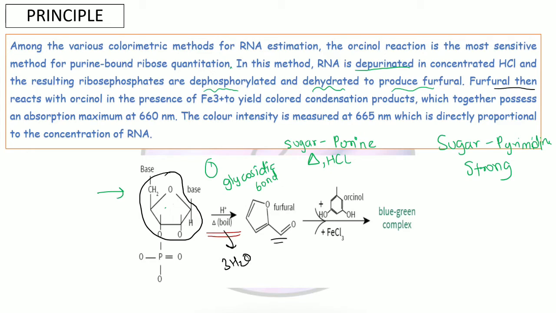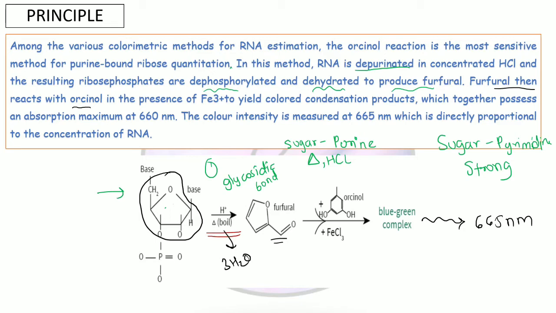This furfural then reacts with orcinol in the presence of ferric ions to yield a colored condensation product which possesses an absorption maxima at 660 to 665 nm. Therefore we can easily measure the absorbance of the end product at 665 nm. Remember, the color intensity is directly proportional to the concentration of ribose present in the RNA sample.